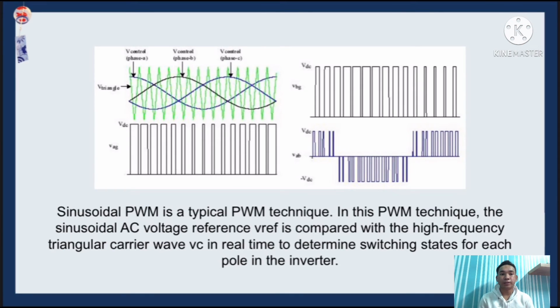Okay, sinusoidal PWM is a typical PWM technique. In the PWM technique, the AC voltage reference VRF is compared with the high frequency triangular carrier wave VC in real time to determine the switching state for each pole in the inverter.